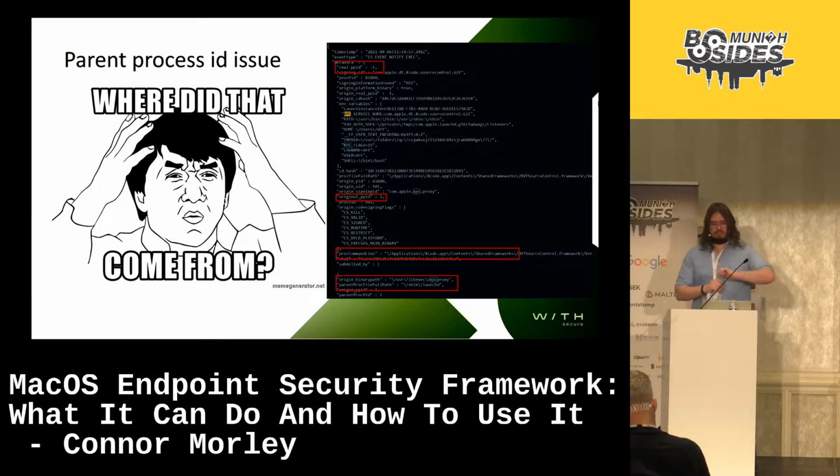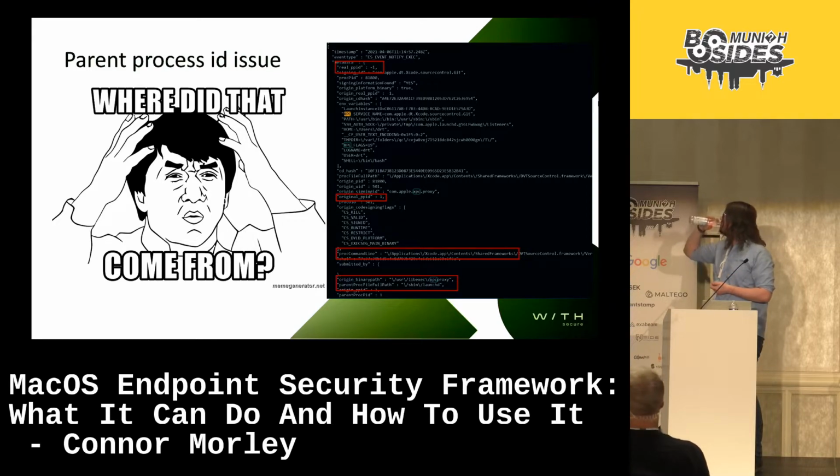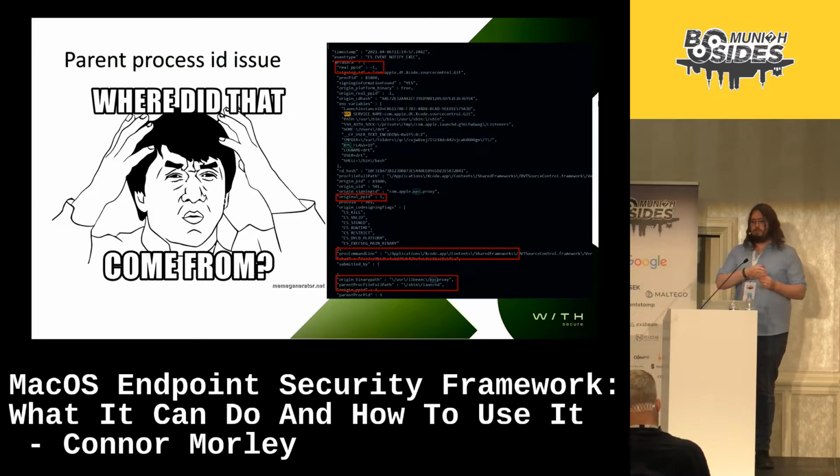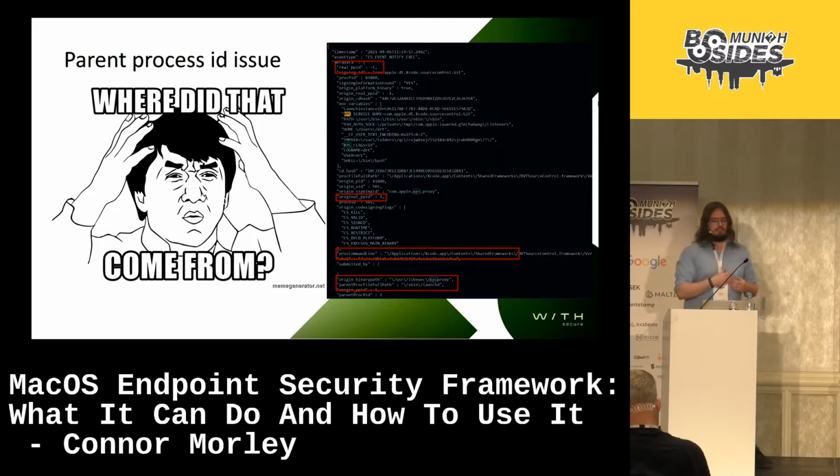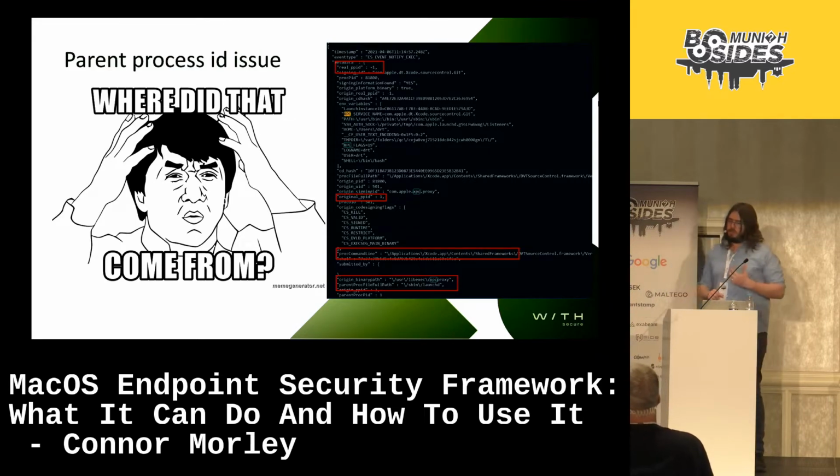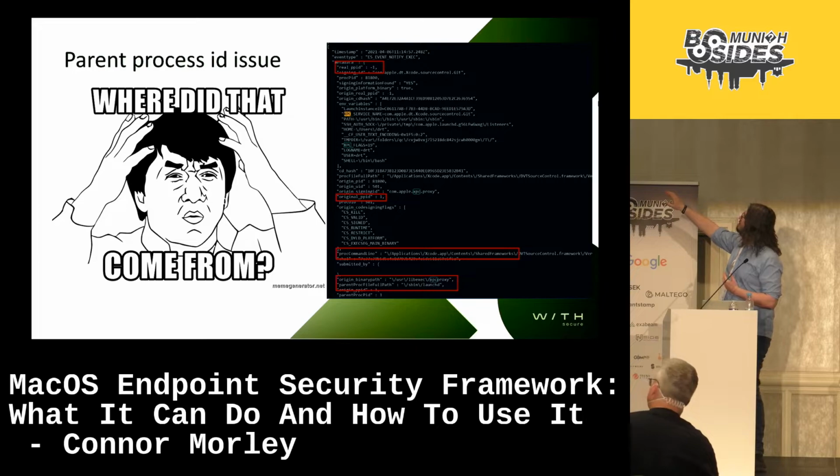Parent process ID issue. This is an ongoing issue in the Mac operating system. Primarily, this relates back to identifying where the original process was spawned from. This goes back to things like XPC proxy, launchd, and more recently something called runningboard. You may see at the top there's a real PPID of -1.